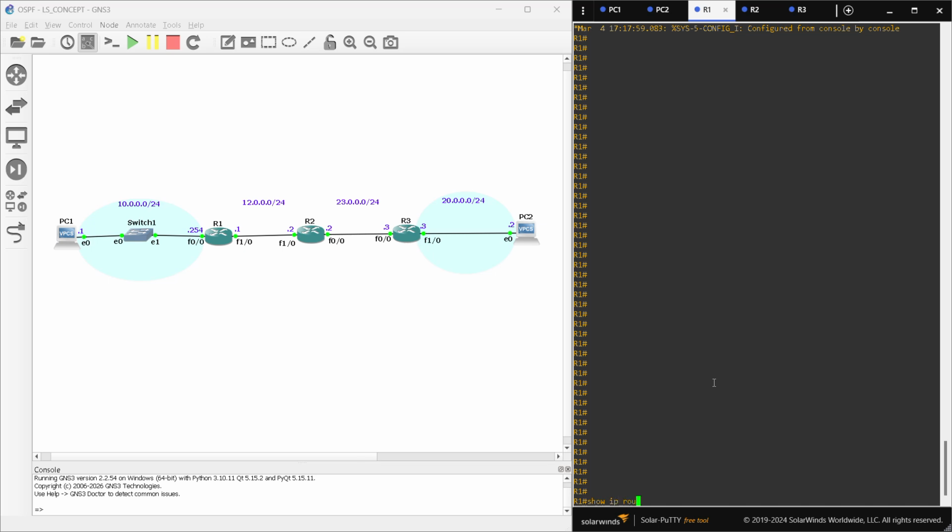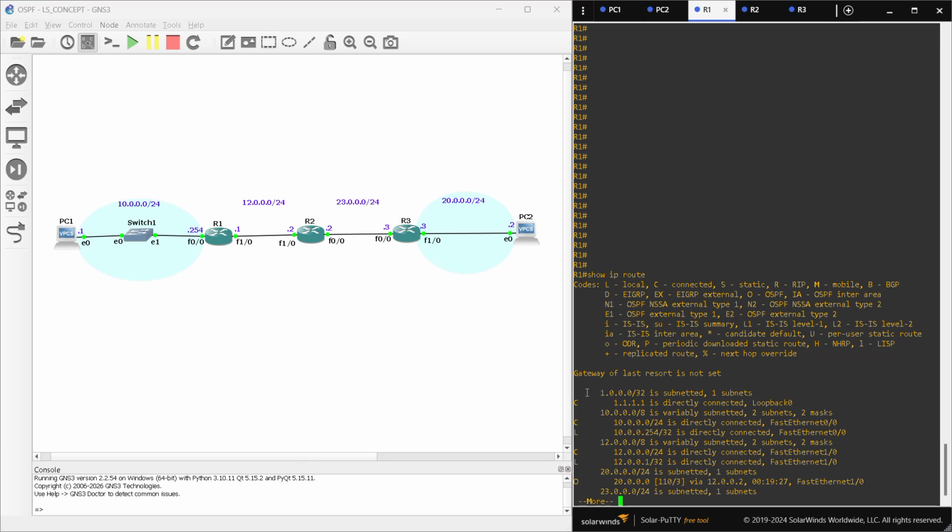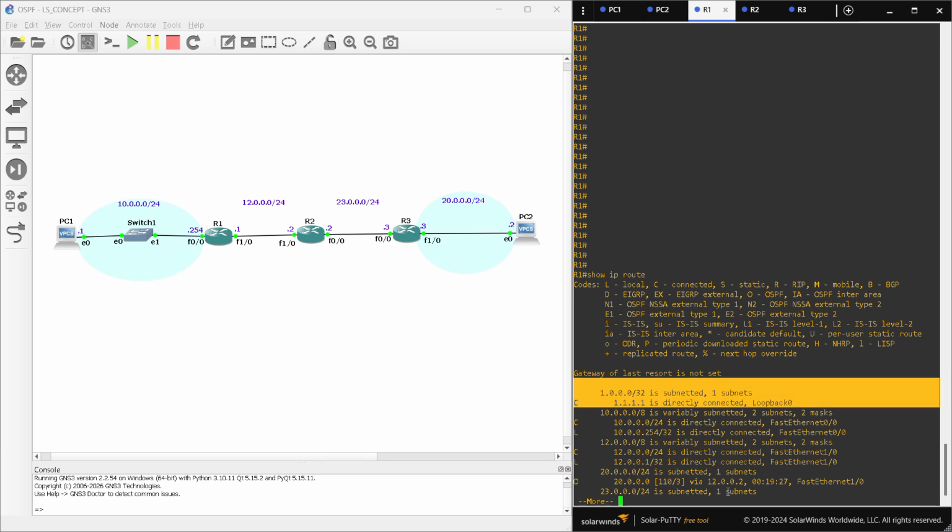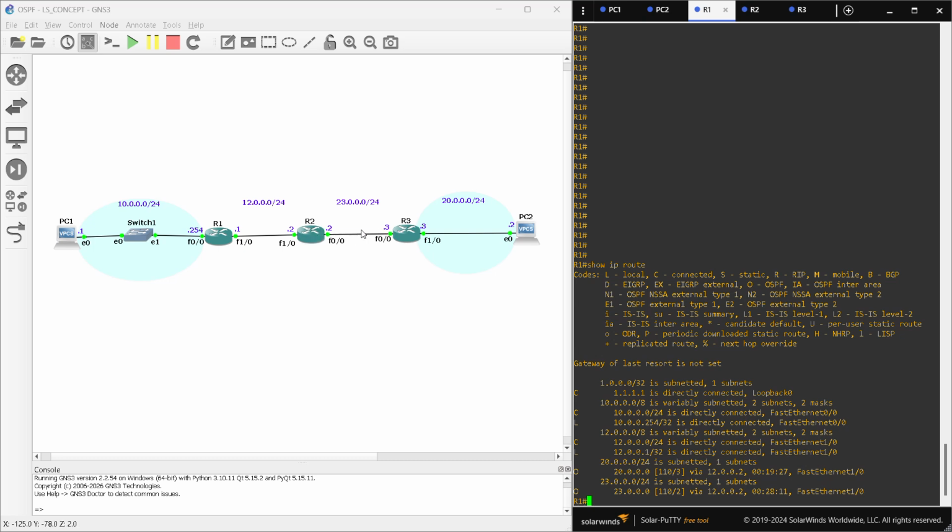Here you can see R1 has information about its own loopback address, which is directly connected, but it does not have any information about others' loopback addresses. Now we will configure everyone's loopback address with the help of OSPF so that everyone can learn about them, and then finally we will ping from PC1 to the respective routers' loopback addresses: R1, R2, and R3.